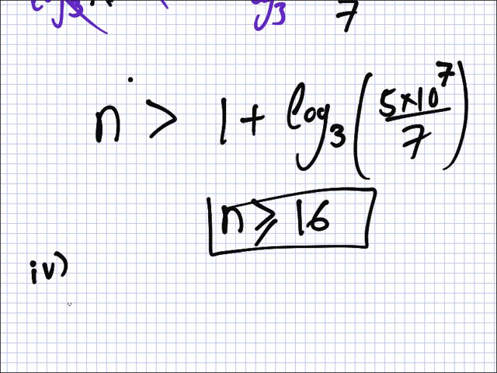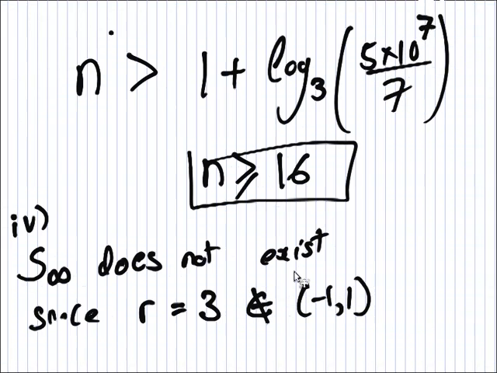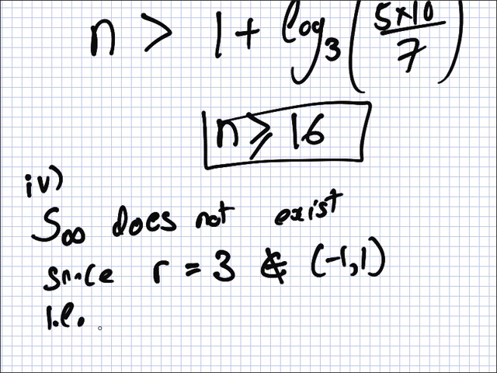So, S infinity does not exist since r equals 3, and that is not between minus 1 and 1, i.e. S infinity diverges. So if you said something similar to this, that's for 1 mark.